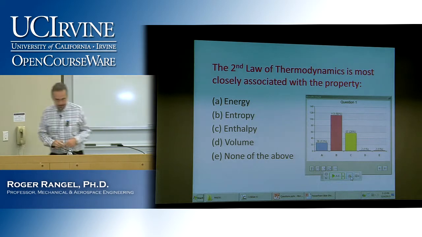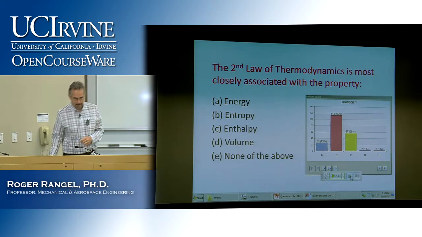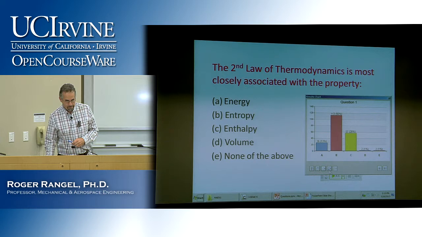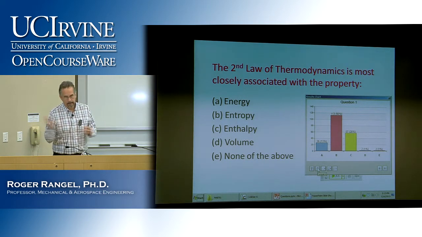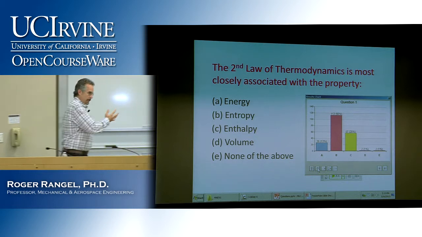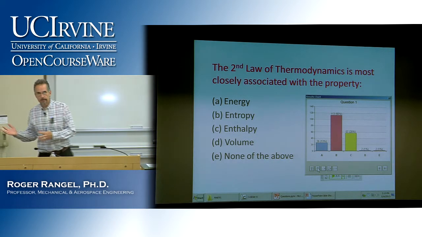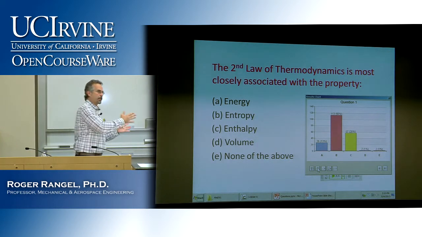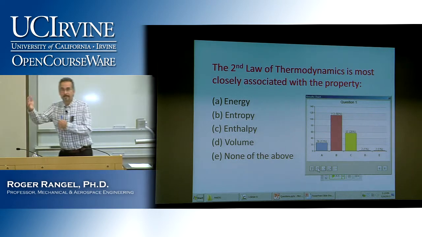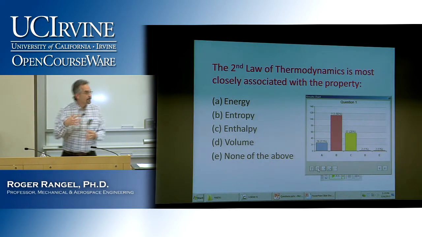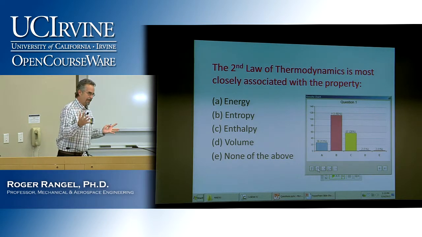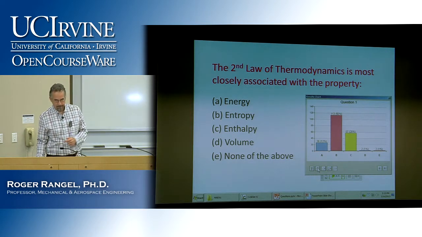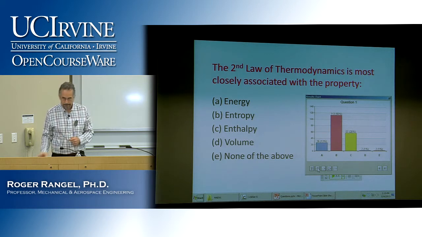And the others are just to fill in the spaces. One could argue that the first law is also associated with enthalpy, but enthalpy is sometimes referred to as total energy, because remember, enthalpy is the internal energy plus the so-called flow energy or flow work. So enthalpy is really like a more comprehensive form of energy. Okay, so that was the first one.